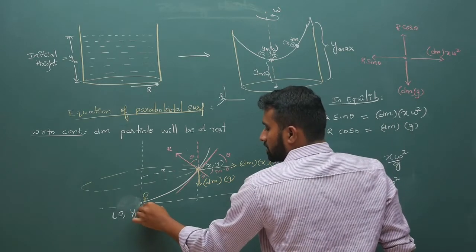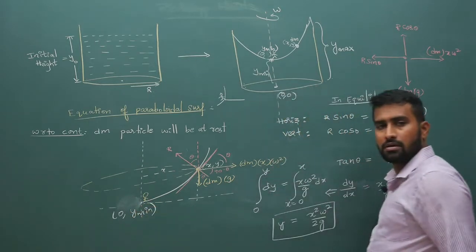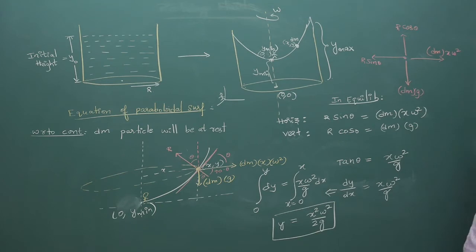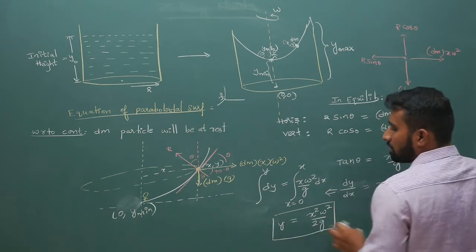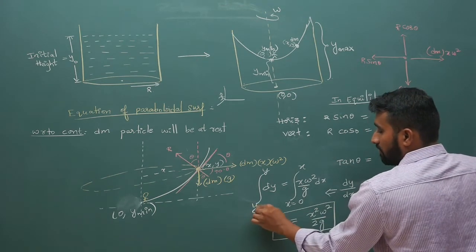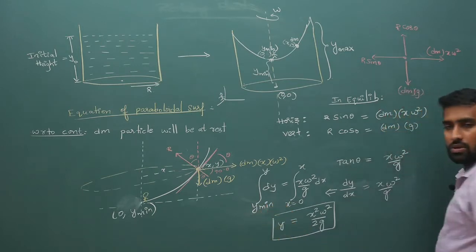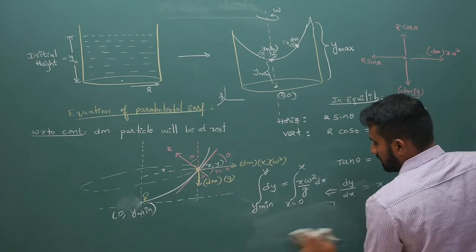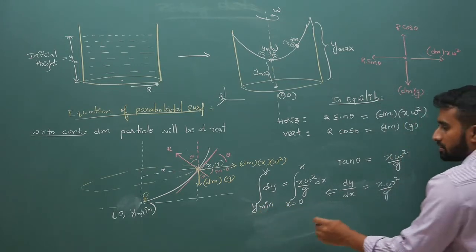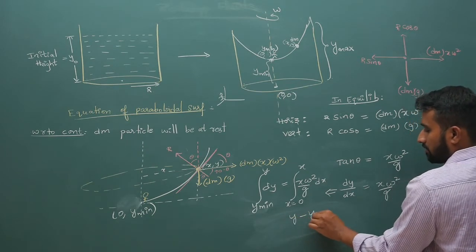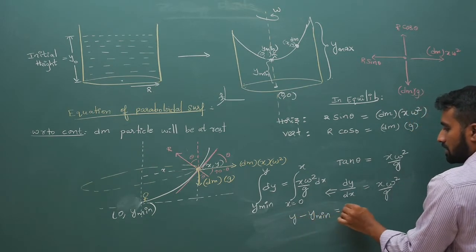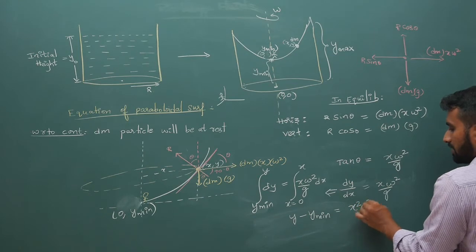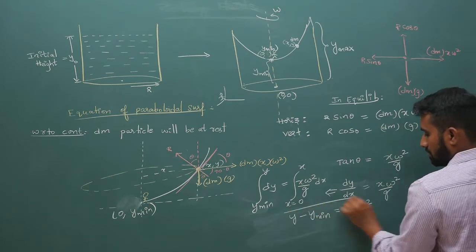So if you write 0 comma y min here, then your limits, instead of 0, you will have y min here. So this equation is going to get converted to y minus y min is equal to x square omega square by 2g.